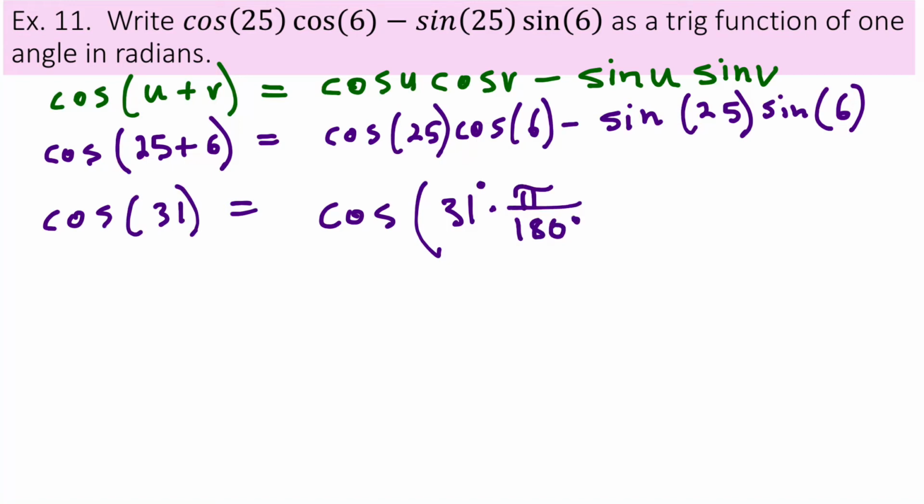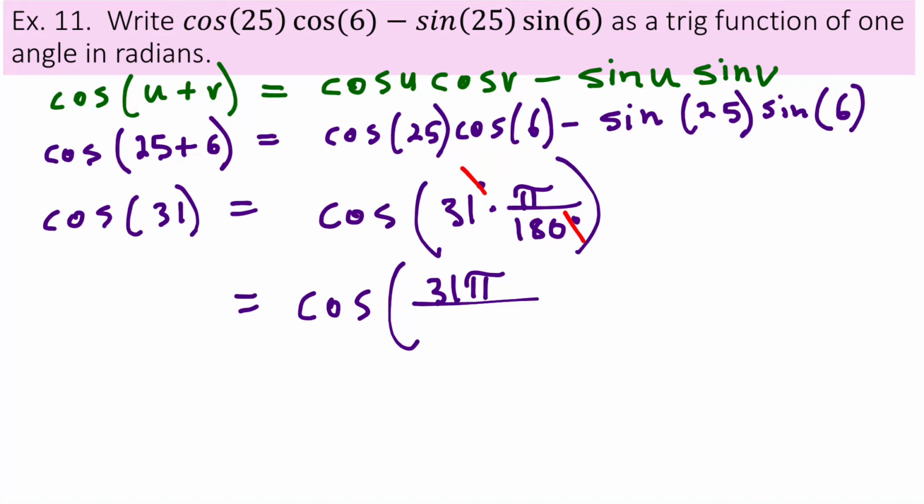See, so the degrees cancel. So I'll have the cosine of 31 pi, it doesn't reduce any better than this, over 180. Okay, so this is what we wanted in radians.